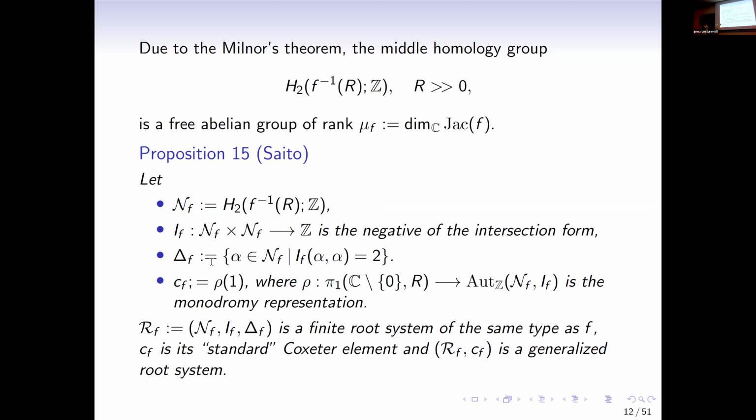And this tuple, together with this constant element, will be a generalized root system. This is the typical example. So in this way, if one defines the tuple in this way, then one gets a generalized result.